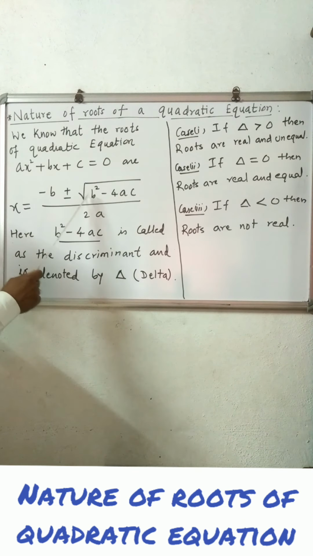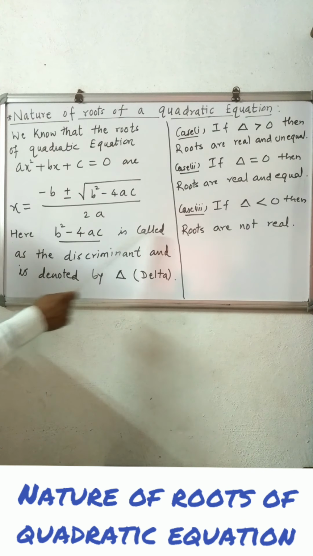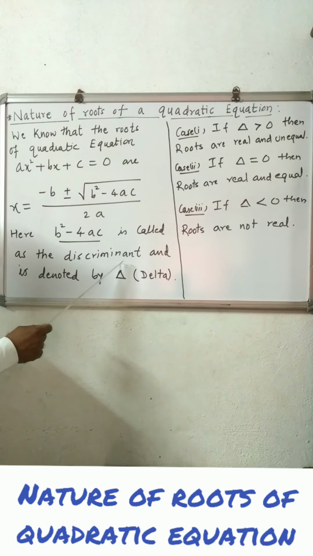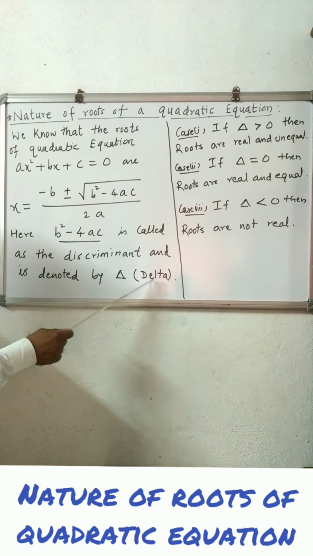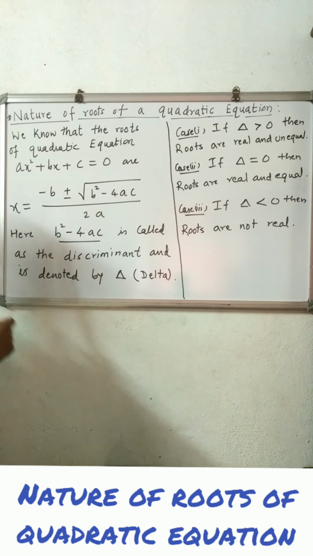Now here this part b square minus 4ac is called as discriminant and it is denoted by the symbol small triangle which is called as delta. Based on this value of discriminant three cases arise.